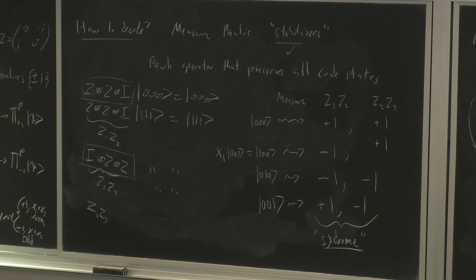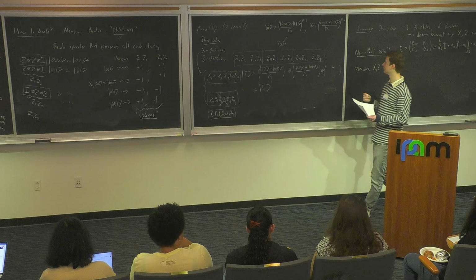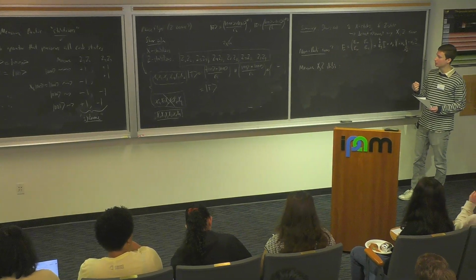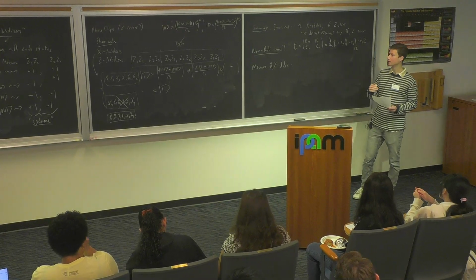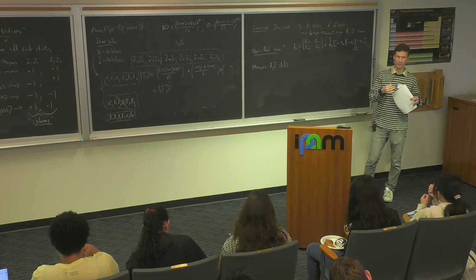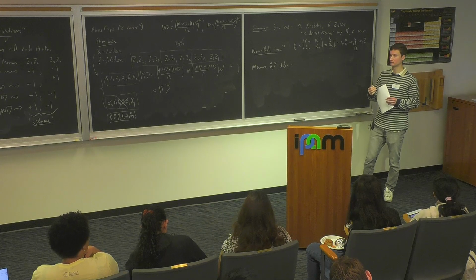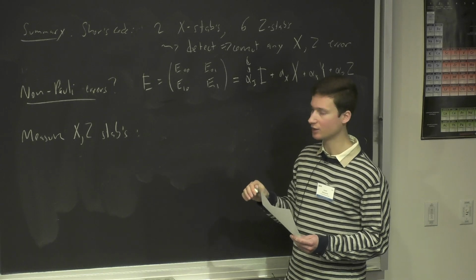And in general, if we take a code state and apply a Pauli error, we get something that lies in an eigenspace of all of our stabilizers. So essentially, this means that when we measure stabilizers, we'll project the erroneous state into some eigenspace of the stabilizers, which means we essentially project our arbitrary error into just some Pauli error.